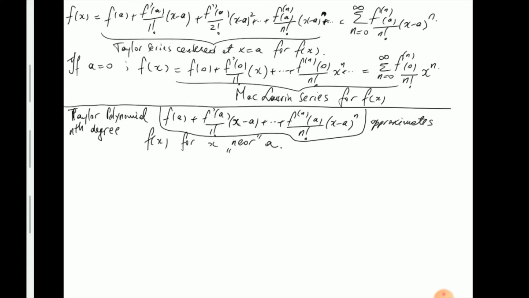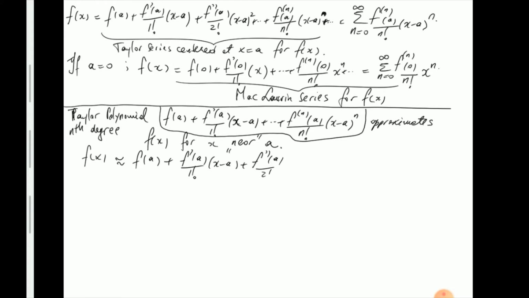So Taylor polynomials give you a way to approach the problem. You say, okay, I have a function that I cannot handle, but I can handle a quadratic, a function of degree 2. Then you could simply replace f of x with the second degree Taylor polynomial, if you are okay with this approximation.